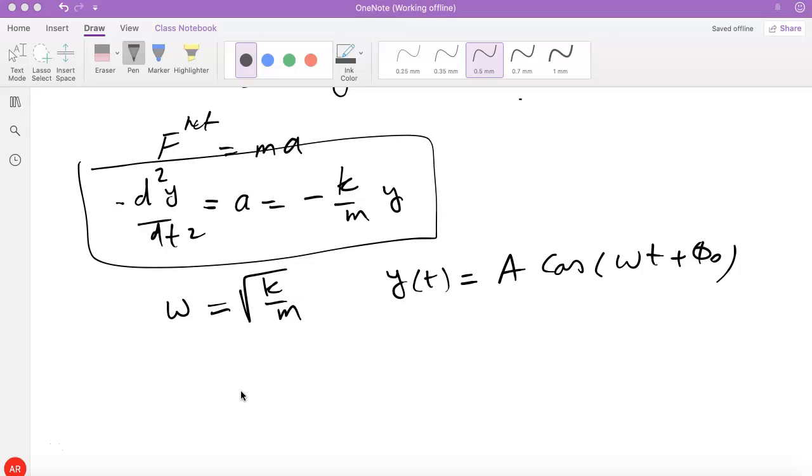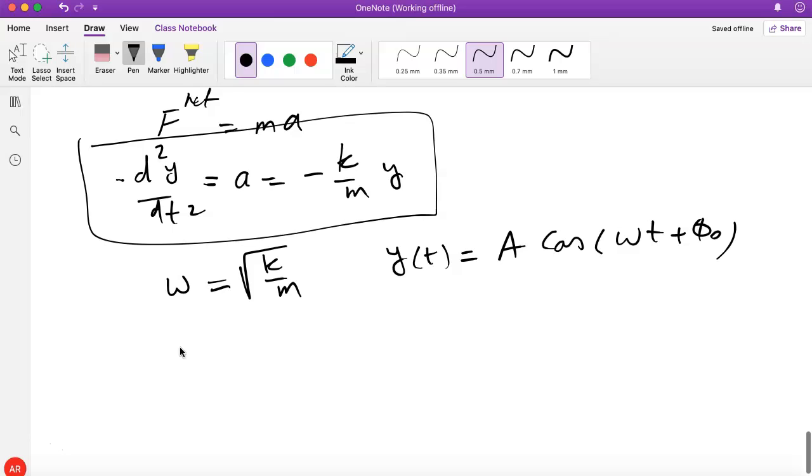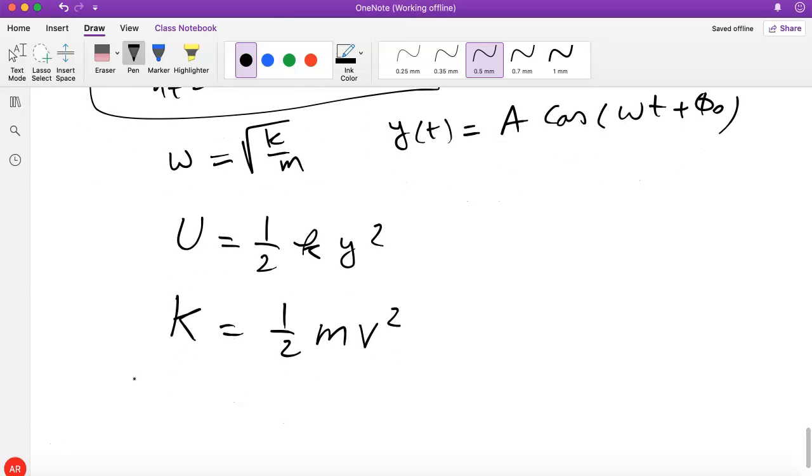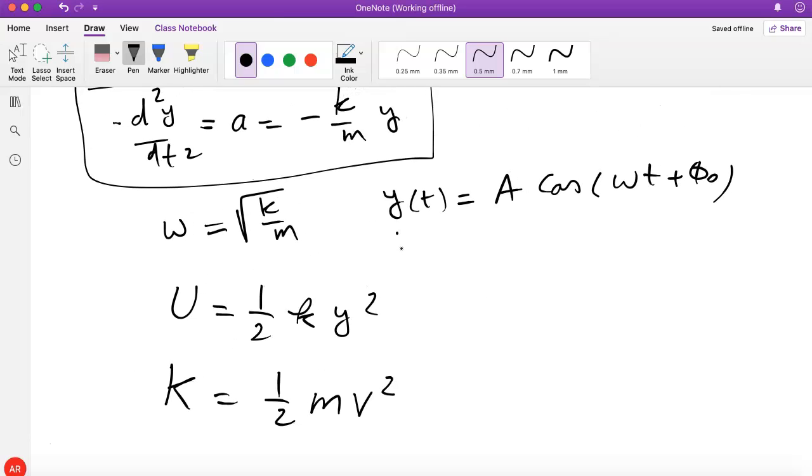If we just naively think about the motion when we had a horizontal spring, if we just substitute the distance with this y, which is the distance from the new equilibrium position, it seems maybe we can write U to be equal to 1/2 k, the spring constant, times y squared, and the kinetic energy, as usual, to be 1/2 mv squared, where v is just the derivative of y with respect to time, right?